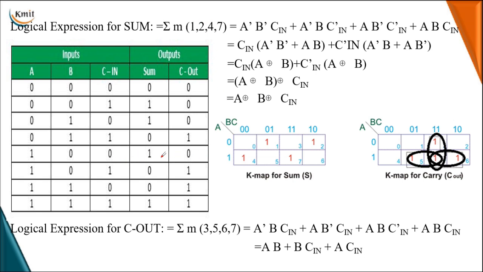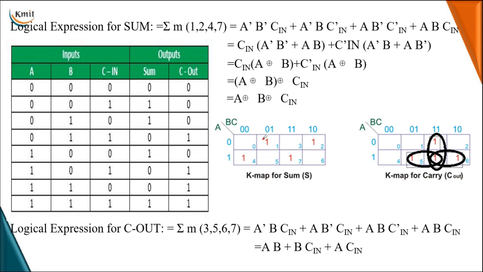Next, for minterm 4 the functional value is also 1, and for minterm 7 the functional value is 1. Hence the summation output function, written as standard SOP, is equal to sigma m of 1, 2, 4, 7. In the same manner, the carry output functional value is 1 for 3, 5, 6, 7. So carry output is equal to sigma m of 3, 5, 6, 7.